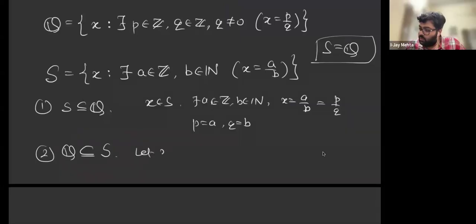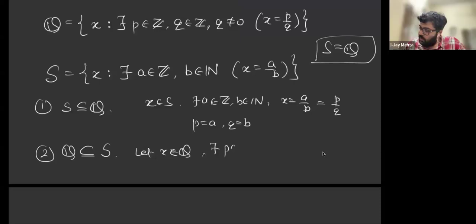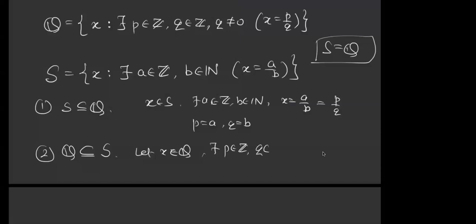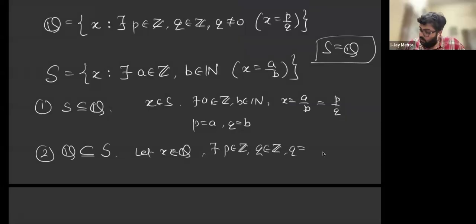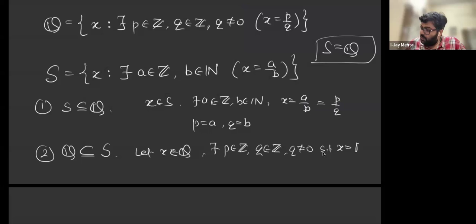X belongs to Q. Then there exists P in Z and Q in Z, where Q is not equal to 0, such that X equals P by Q.